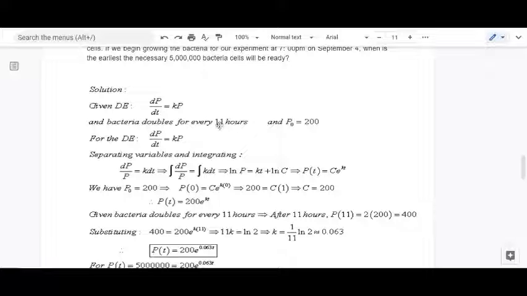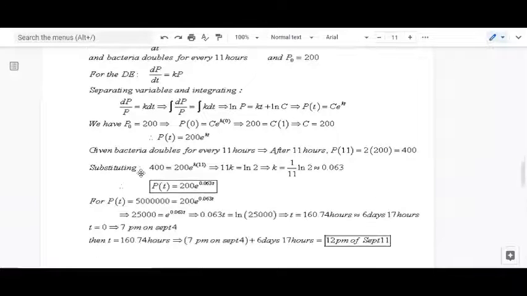The bacteria double every 11 hours, as we see in the problem, and the initial population is equal to 200.